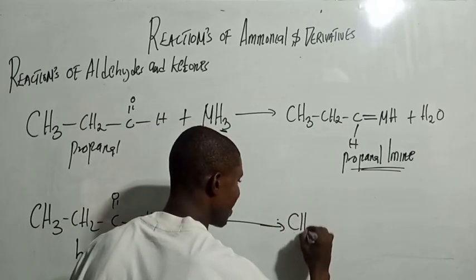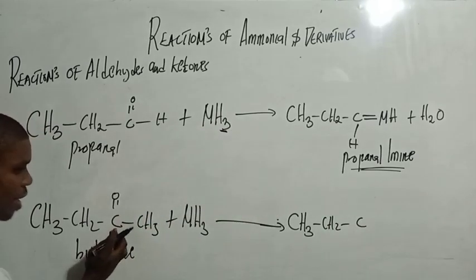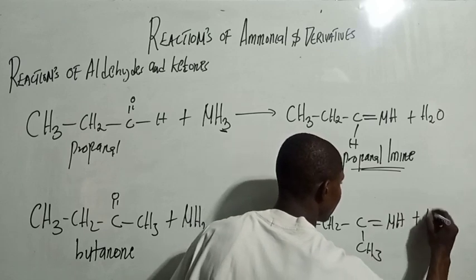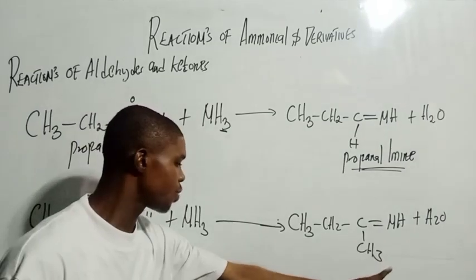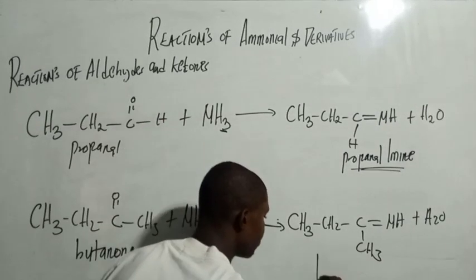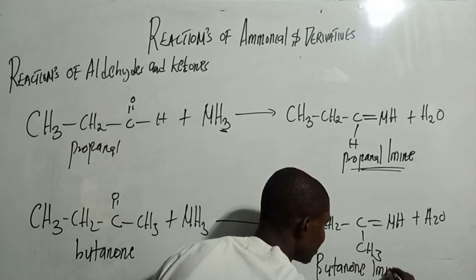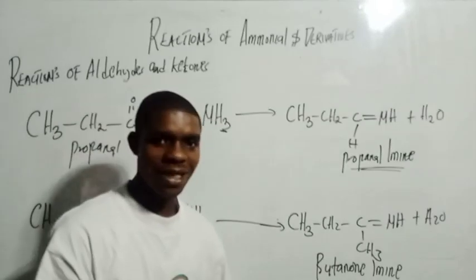Here we have CH3, CH2, C, and this carbon is having double bond NH, plus H2O. You see that? So what will be the name of the product here? It's going to be butanone imine. That is the product of the reaction. You can see how easy it is, right?